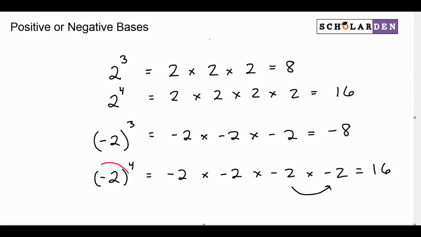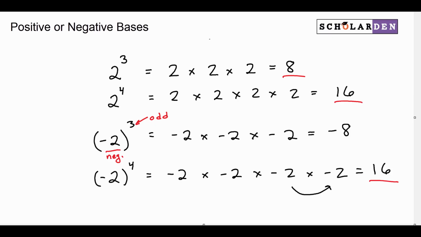And a negative number to an even power, you get a positive number. So notice there's only one way to get a negative number with exponents, and that's to start with a negative number and raise it to an odd power. Every other combination gives you positive numbers.